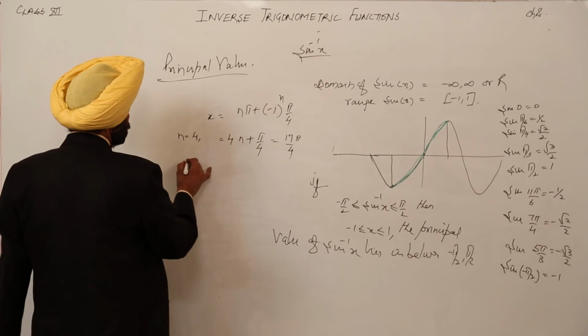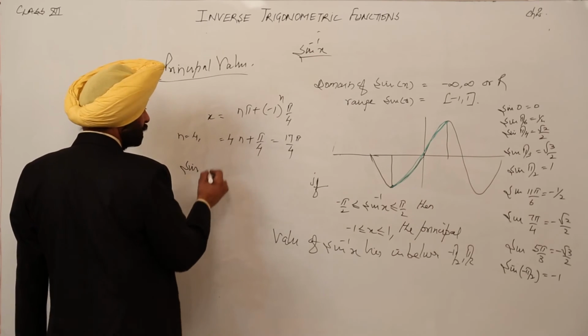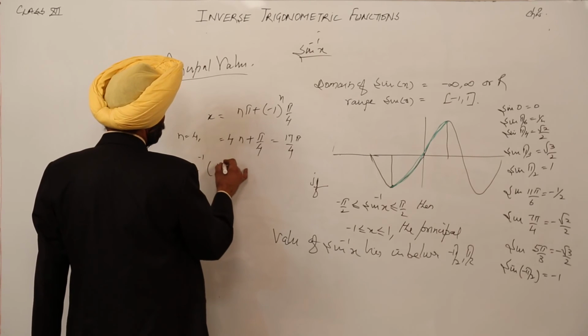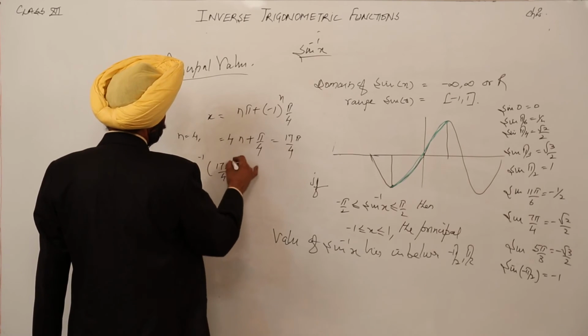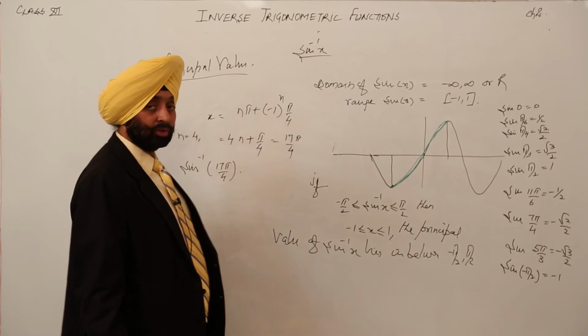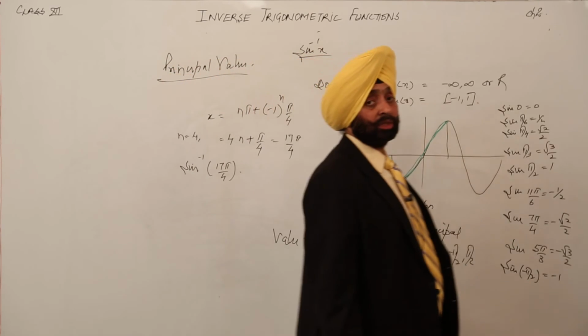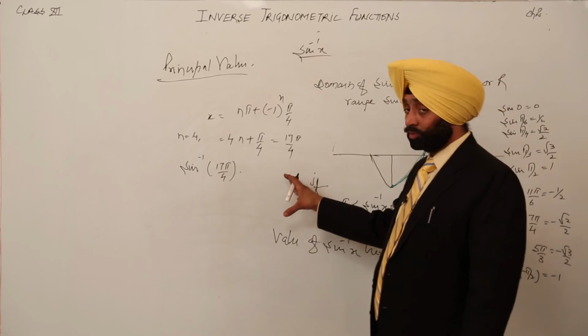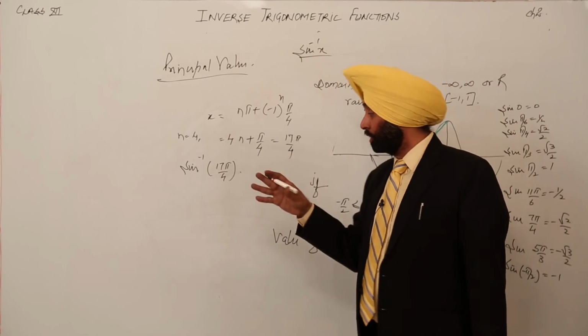Now the question is, find the principal value for sine inverse of 17 pi by 4. Now, as I told you, our principal value for sine inverse x is only in between minus pi by 2 and pi by 2.